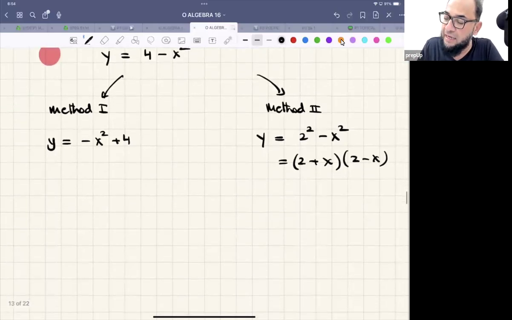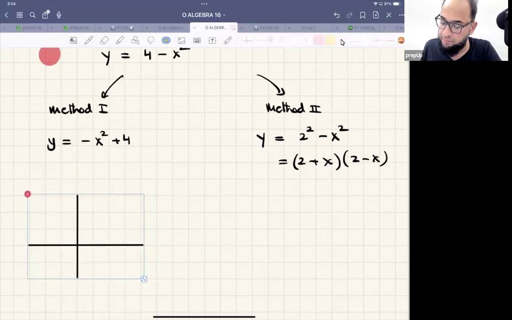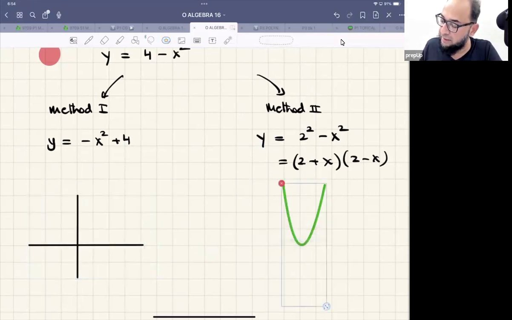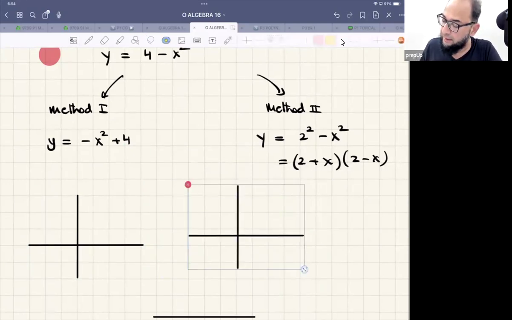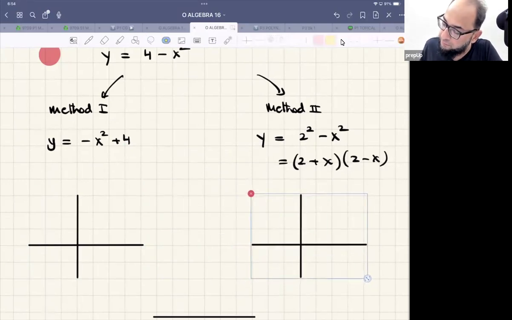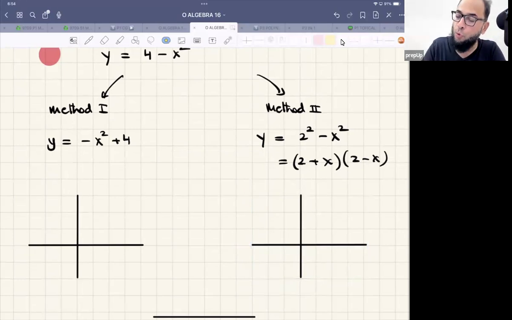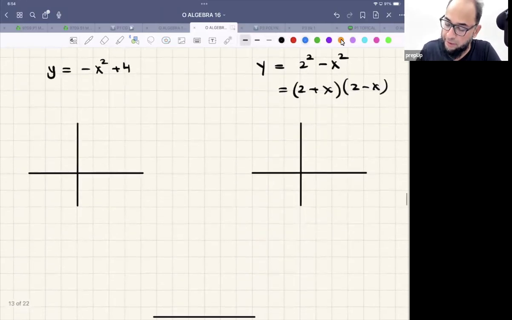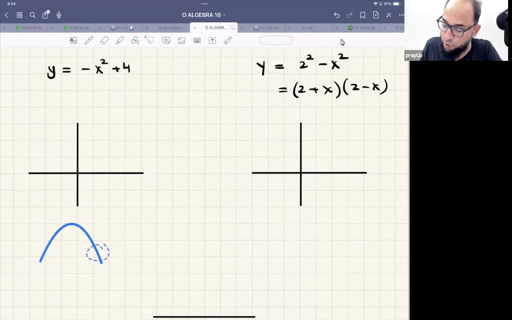So now if I apply this knowledge, let me just put it right over here. Okay. So now over here, let me draw negative x square. So it's upside down like this. And let me just push this thing up like this.